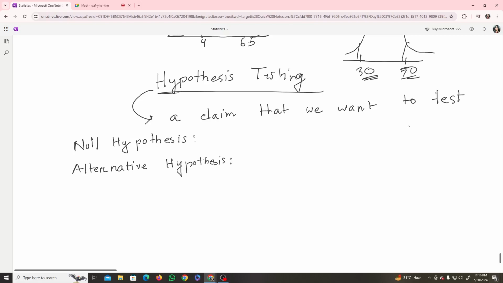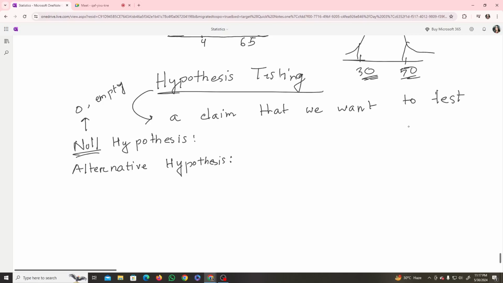All right. So by the term null, what do we understand? Zero or empty, right? Most of you understand zero or empty. By the term null hypothesis, we try to say that the statement is false, a faulty hypothesis.